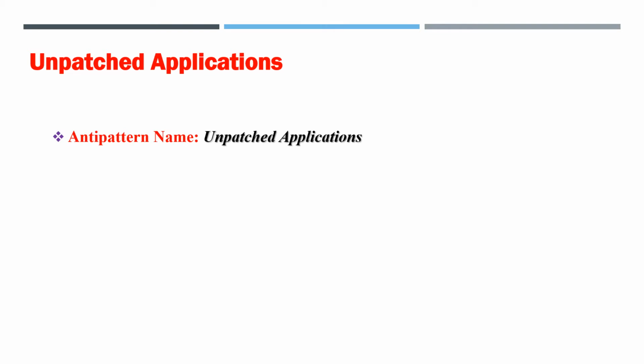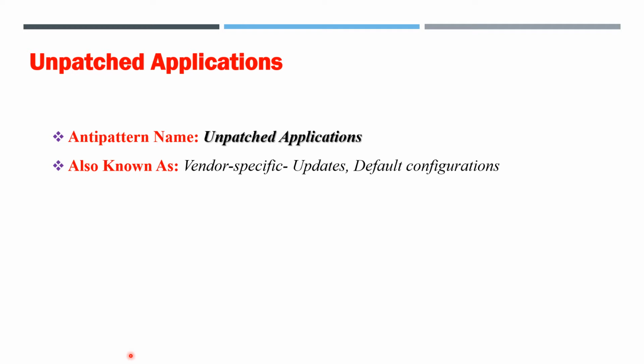So coming to the anti-pattern name, unpatched applications. The anti-pattern name is always the title of the anti-pattern. It is also known as the same anti-pattern can be called by different names. Different organizations will give different names for a particular anti-pattern type.